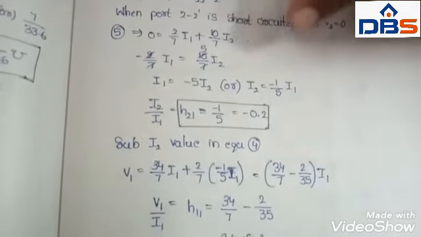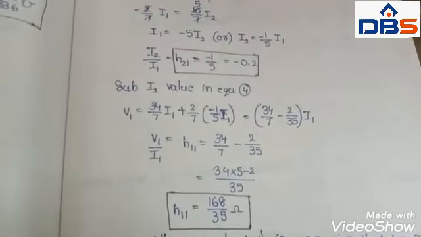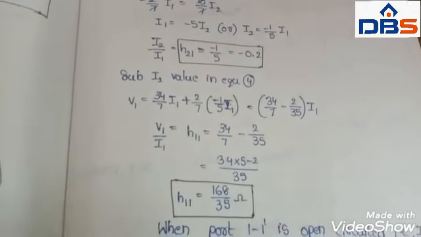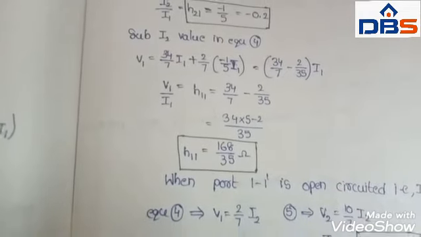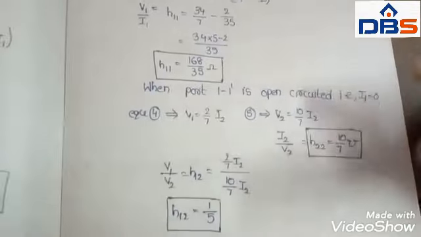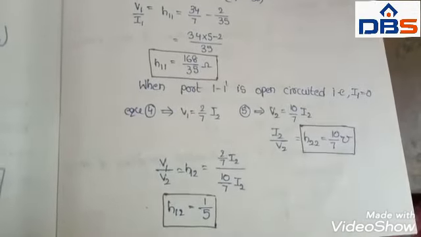Therefore I2 by I1, that is H21, equal to minus 1 by 5. Substituting the I2 value in equation 4, we get V1 by I1, that is H11. In a similar manner, when port 1 dash is open circuited, we get two more parameters: H12 equal to 1 by 5, and H22 equal to 10 by 7.